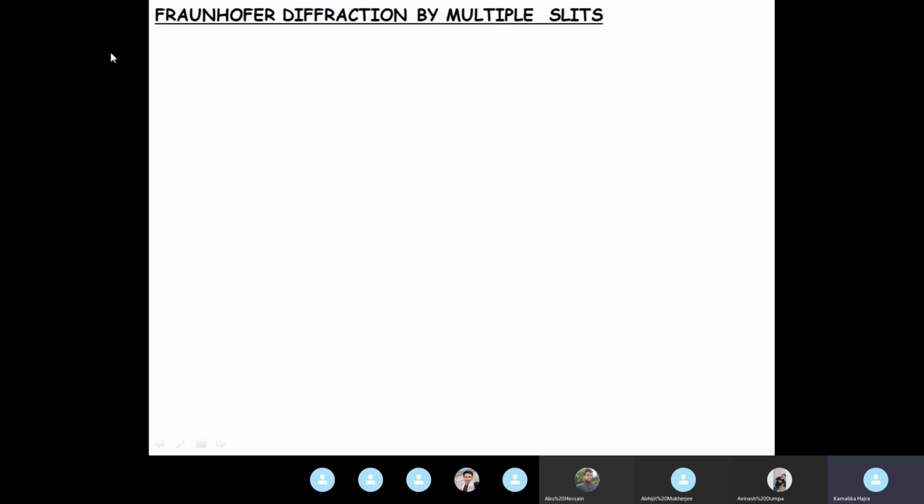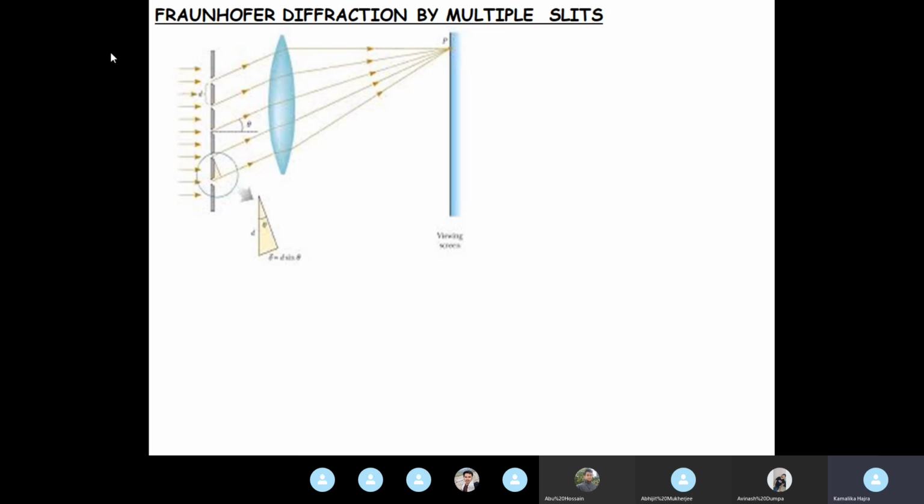Since multiple slit diffraction will lead us to the study of grating, this is basically, I can't say most important, but I should say the most used form of diffraction.